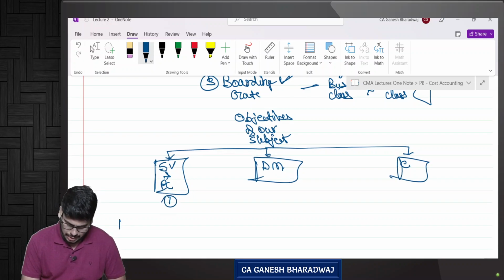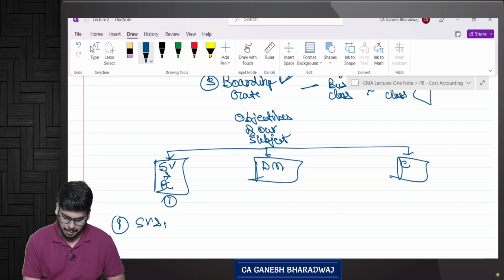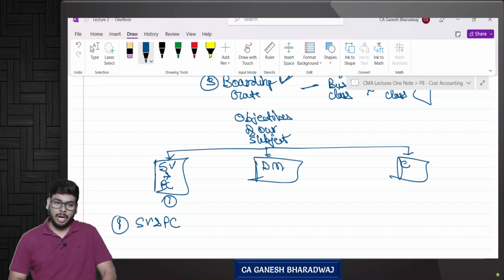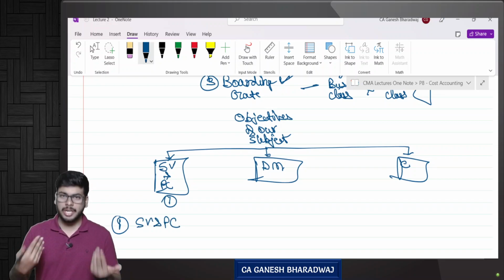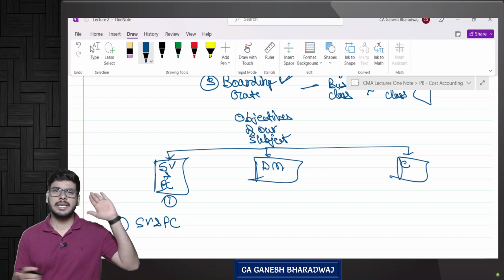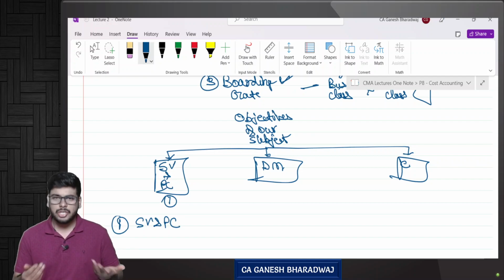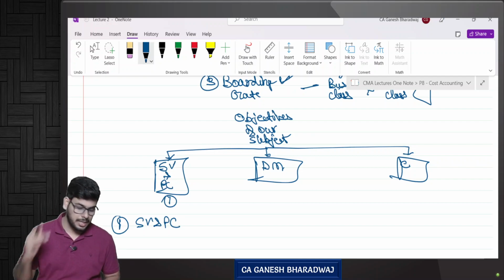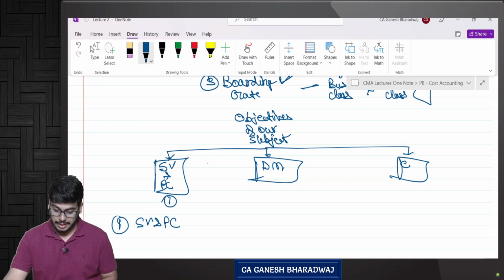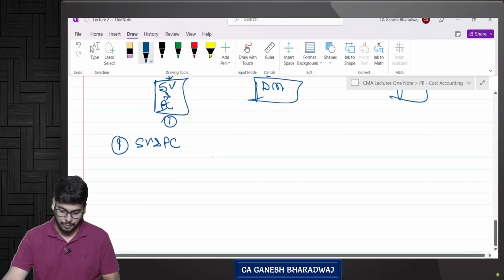First, let us talk about stock valuation and profit computation. Sir, stock and profit is computed only in costing? Sir, we have already seen this in financial accounting, stock valuation and all that. Let me explain one very important thing that you might not have known before.